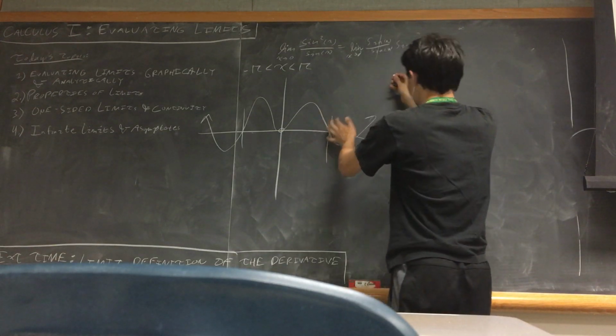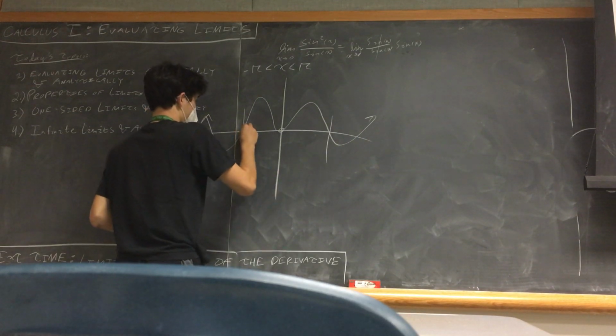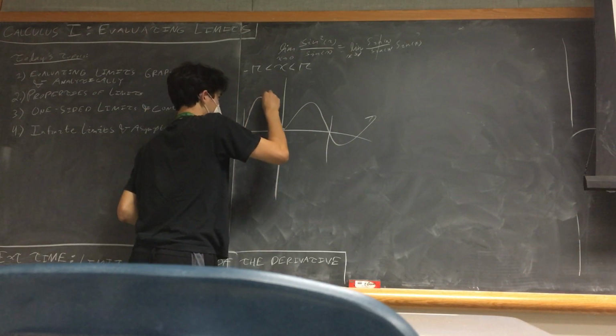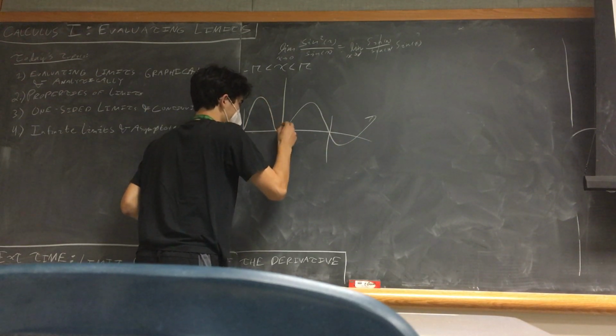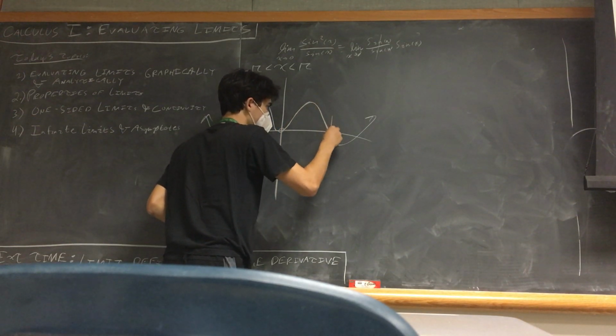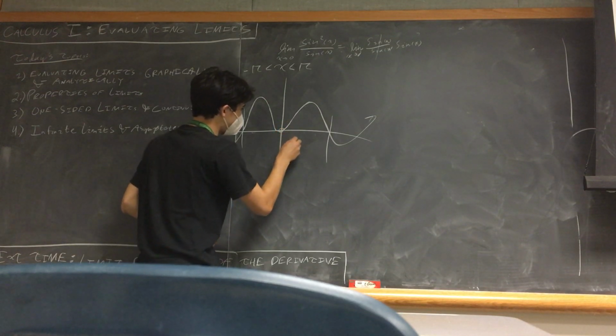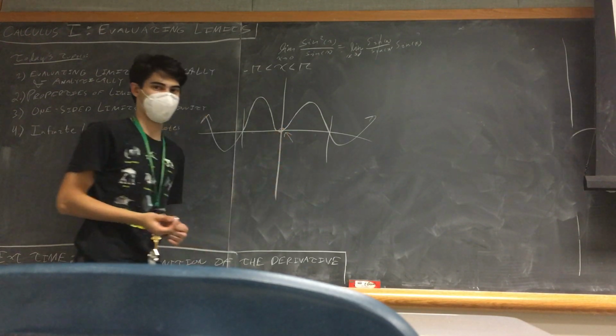So over this domain, if we plot the graph of sine of x, it looks exactly the same with one minor difference. That function is defined at x equals 0.